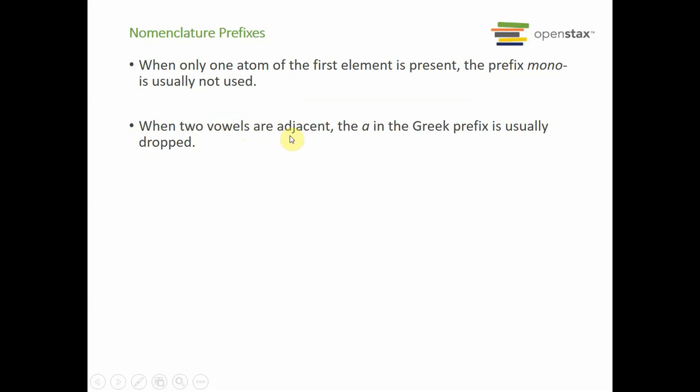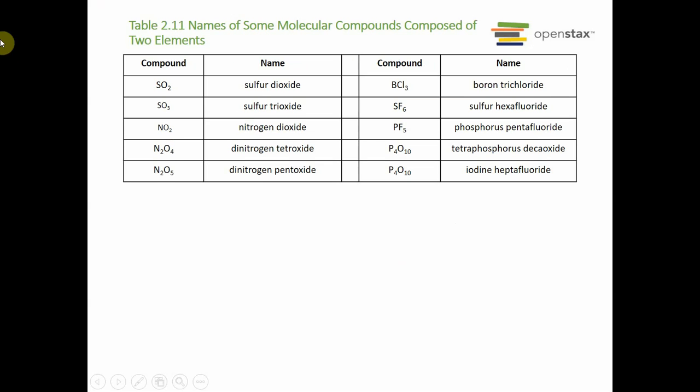When two vowels are adjacent, the A in the Greek prefix is usually dropped. So, two vowels like monooxide becomes monoxide.